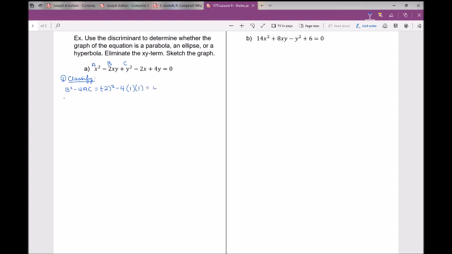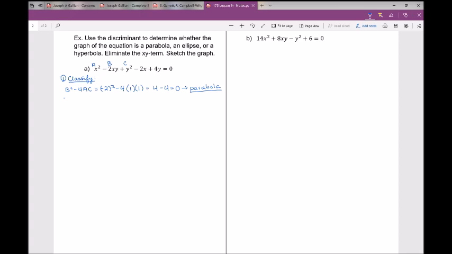So we get 4 minus 4, which is 0. So this tells us we have a parabola. So on a test, you need to first evaluate the discriminant, but then make sure you tell me what this actually is. Okay, so it's not enough to just say that the discriminant is 0. What does that mean? Okay, that's what I'm worried about.